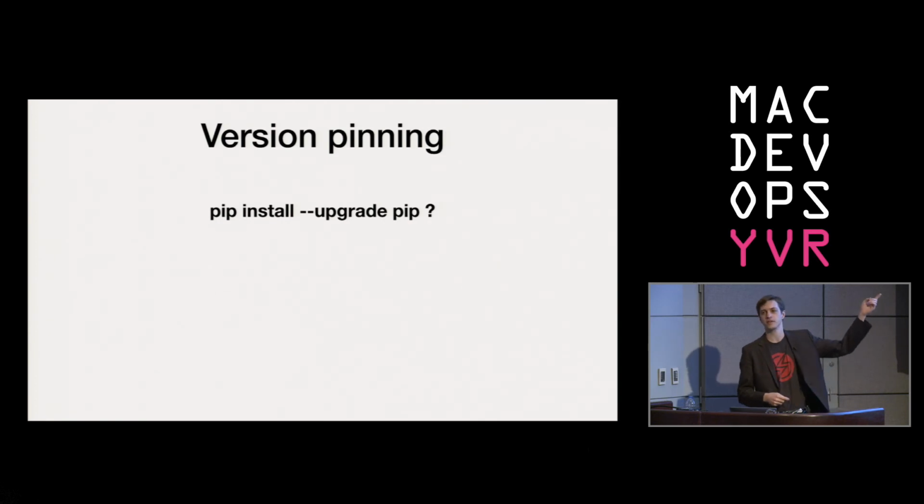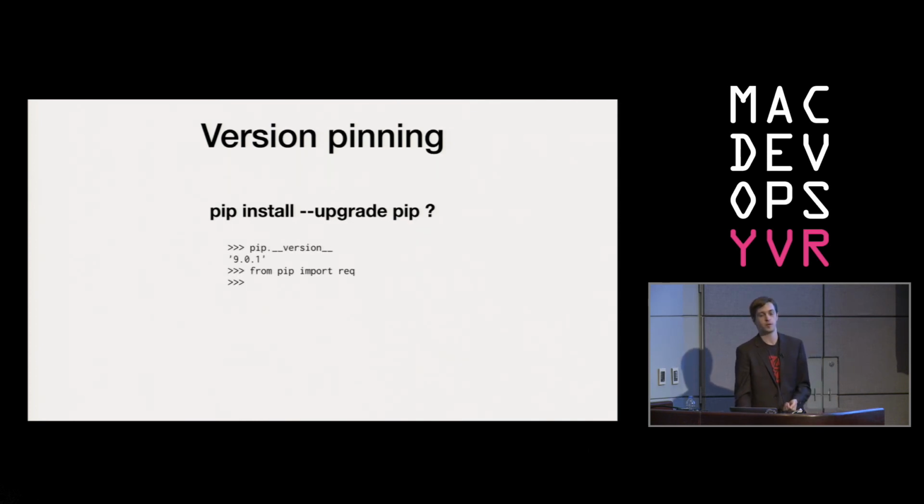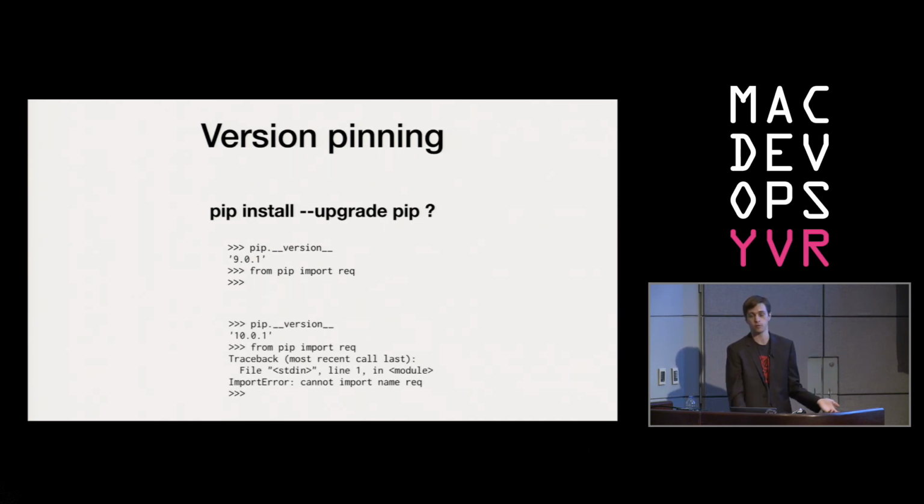So we had this at the beginning of a lot of different build steps in our build pipelines, and then when pip 10 came out we found that we had code where we were calling pip as a module and using it directly within the Python code. That didn't work with pip 10.